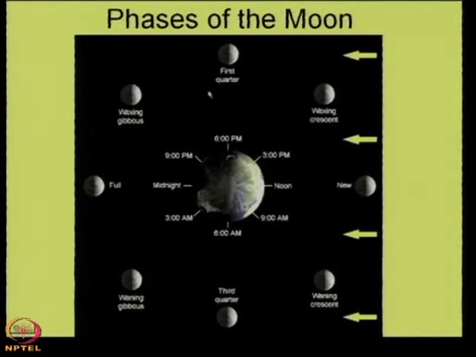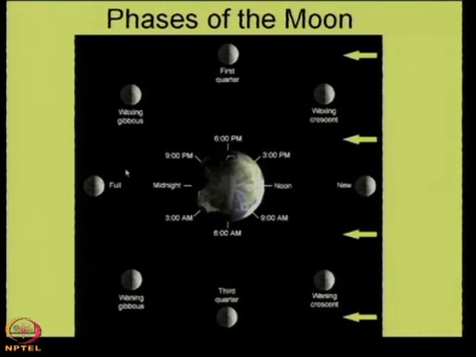And again, when the moon would be on this side, the earth's shadow is large enough to completely cover the moon, right. The earth is bigger than the moon. So, it would subtend a larger angle at the moon than the sun, and the earth's shadow is big enough to completely block out the moon.